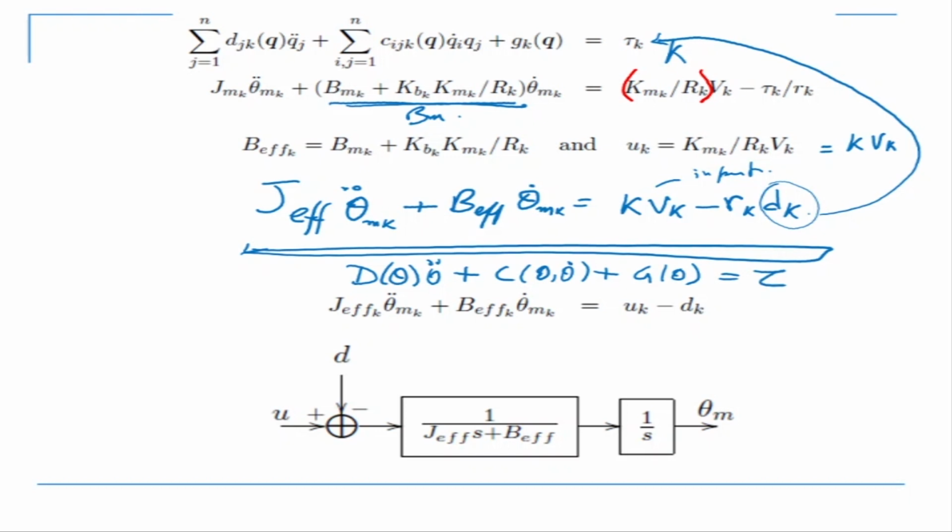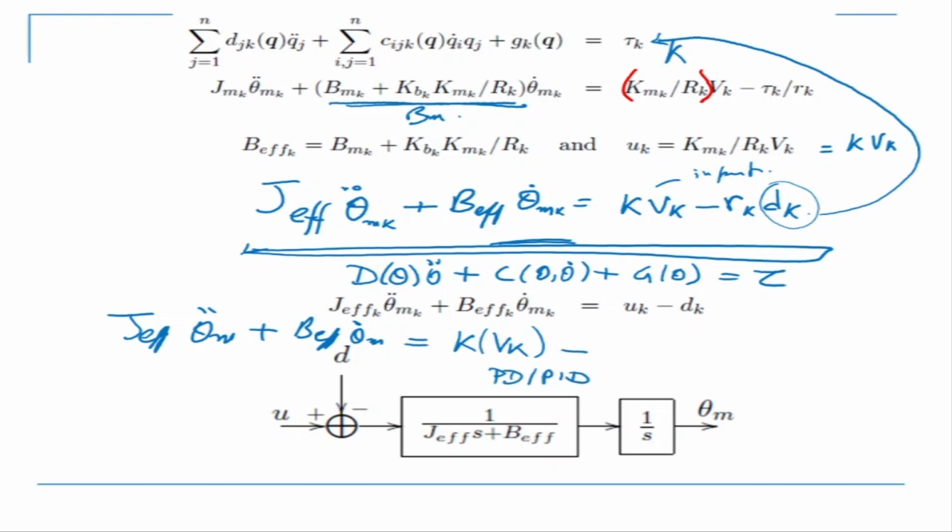If I write my full equation: J effective theta m double dot plus B effective theta m dot is equal to K into Vk, where Vk can be a PD controller or a PID controller, minus R into tau L. What is tau L?